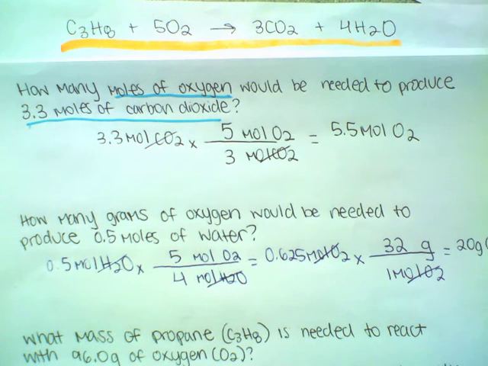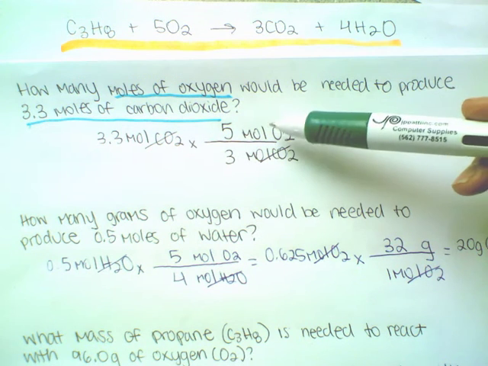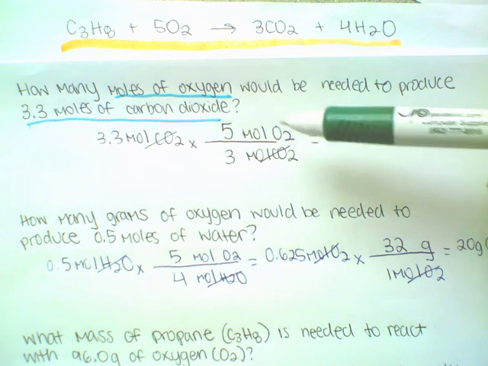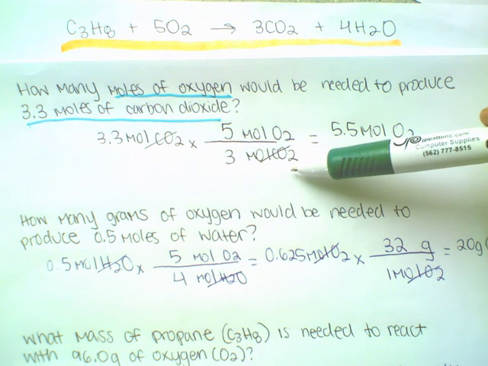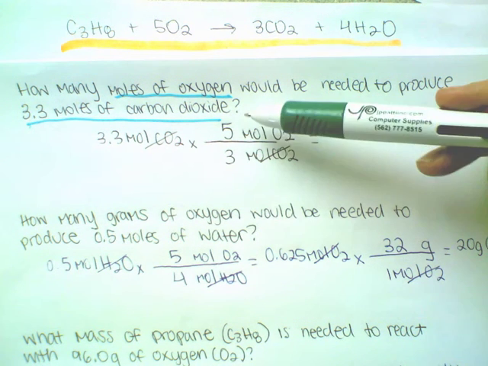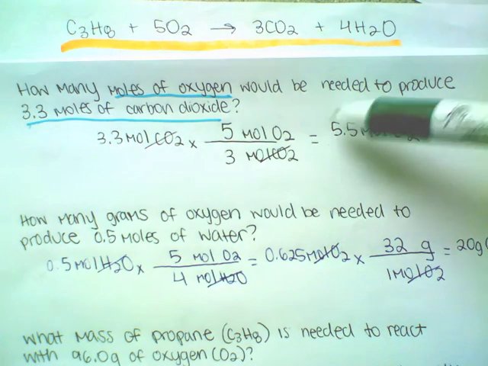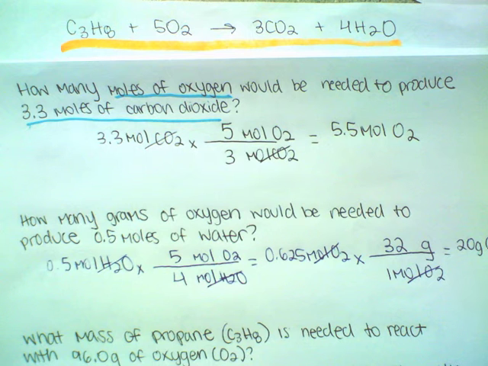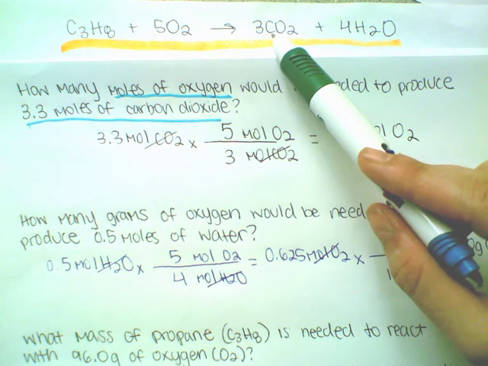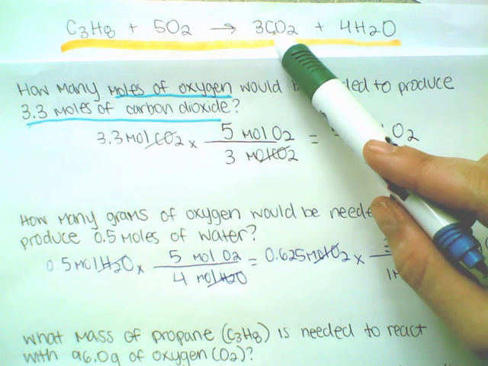In this case, the ratio of coefficients tells us that for every 5 moles of oxygen, 3 moles of carbon dioxide is produced. So our ratio is 5 to 3. When we multiply by our ratio, we get the amount of oxygen that we need. If you think about it logically, the original recipe made 3 moles of carbon dioxide.